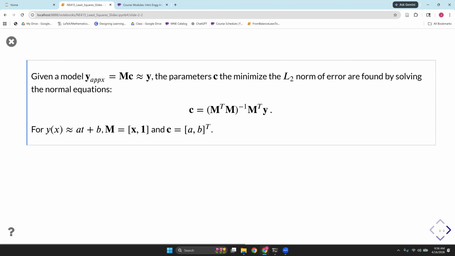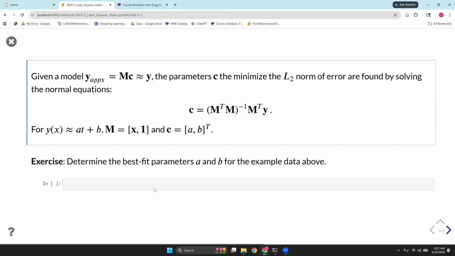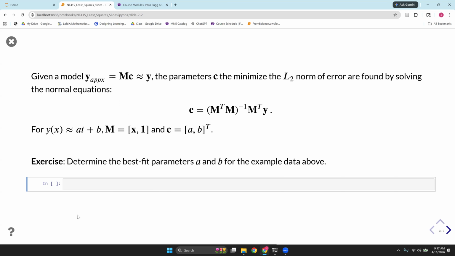Basically, the error that we get out will be normal to the solution. What does normal mean? 90 degrees, orthogonal, right? So least squares is really a problem of orthogonality, which of course can be defined in terms of vectors and so forth, right? So I'm just giving you this solution for the moment. We're going to explore it in due time.